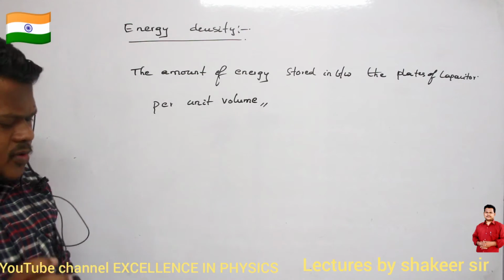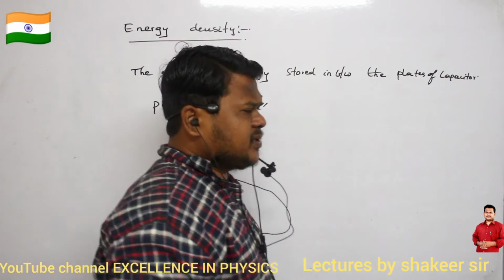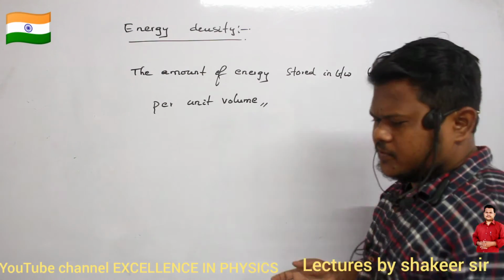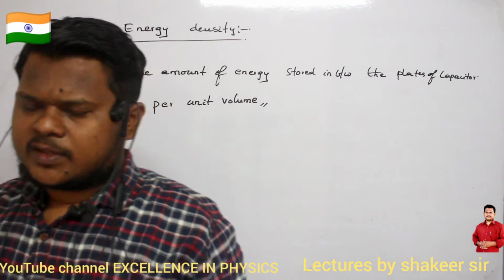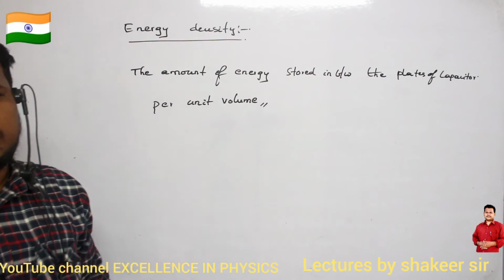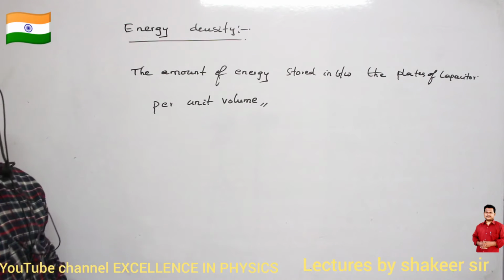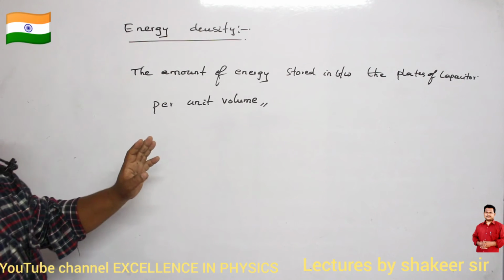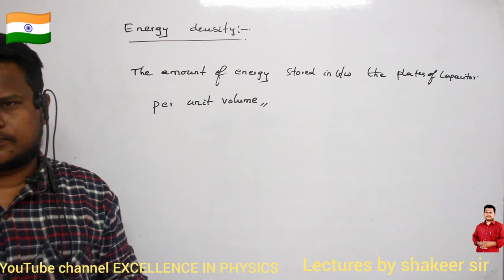The total energy stored between the plates of the capacitor we have already calculated: Q square by 2C, half CV square, and half Q into V. These are the equations for energy stored. But now we are calculating the amount of energy stored between the plates of the capacitor per unit volume.